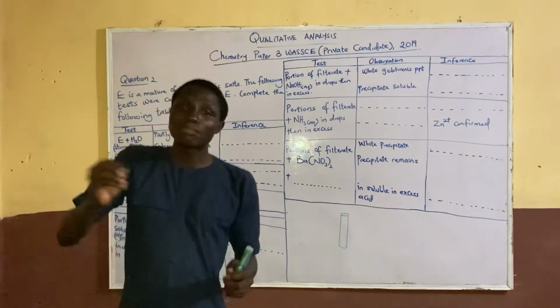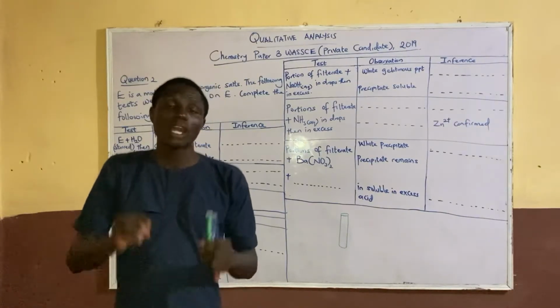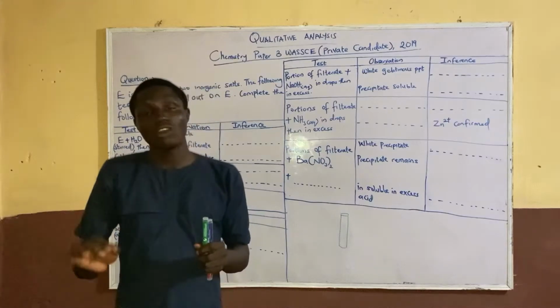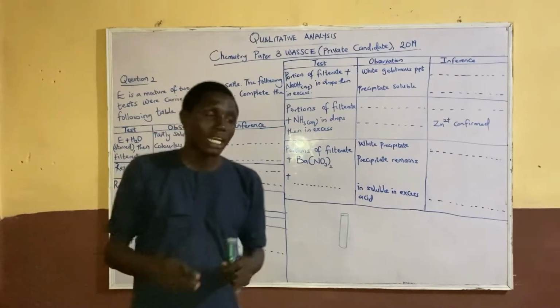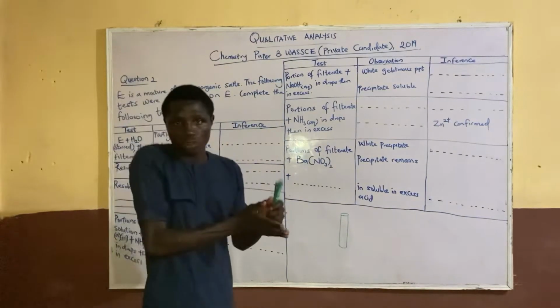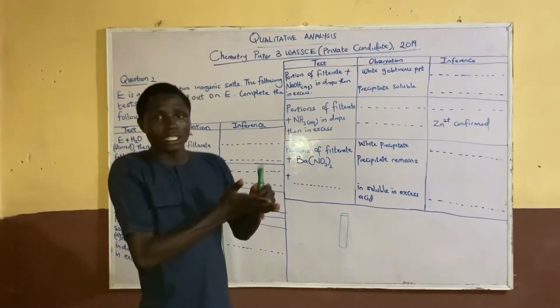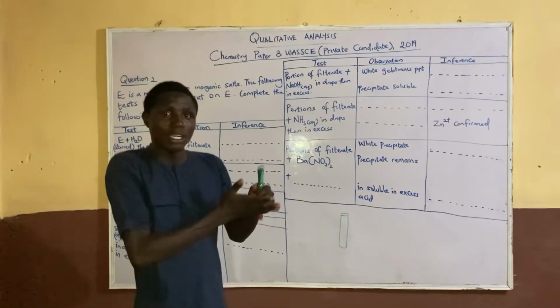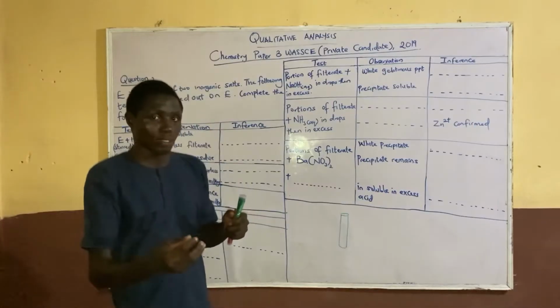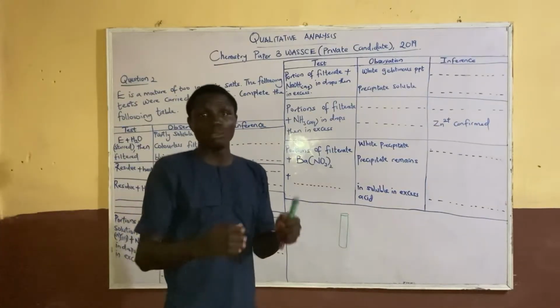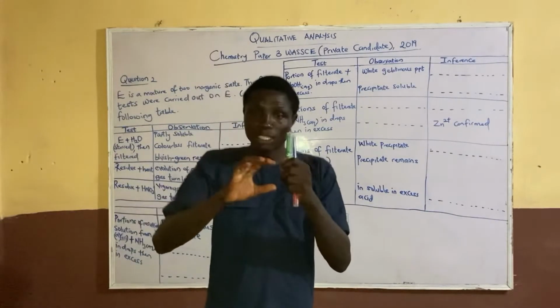But when something is partly soluble in water, it means that some amount of the substance dissolves in water to form a transparent substance. When something dissolves, it forms a transparent substance.